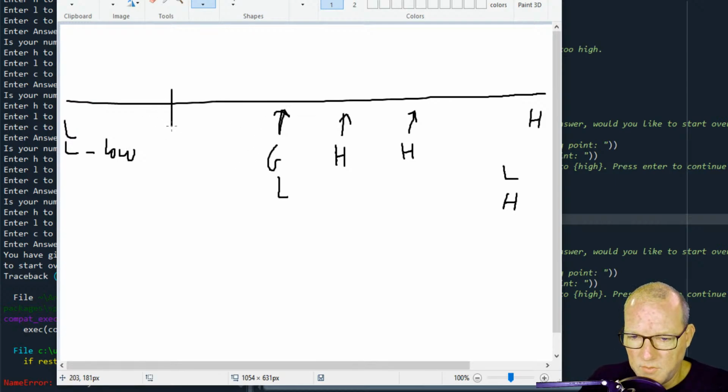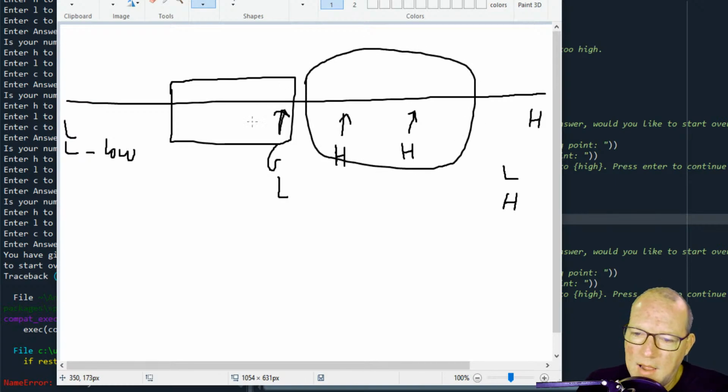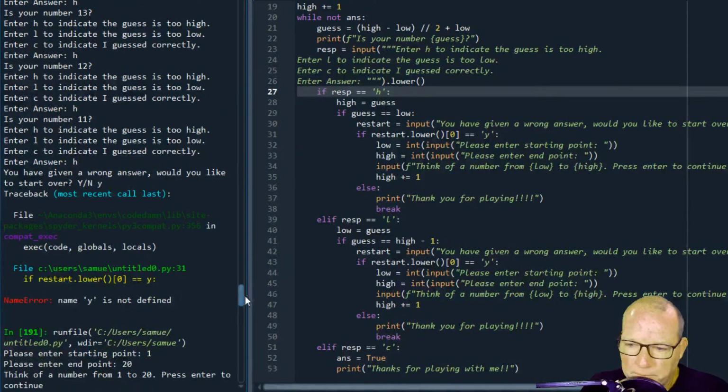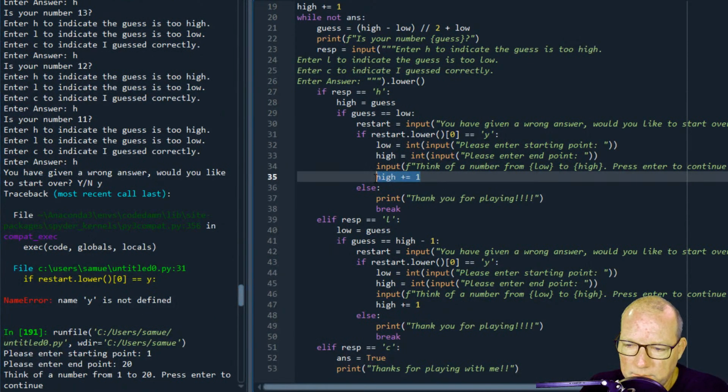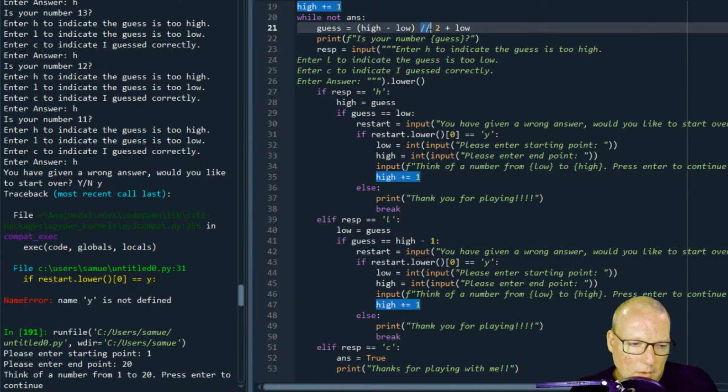Because you've told me it wasn't in this group, and then now you're saying it has to be over here. Well, how? You gave me bad information. So what happens is you just get stuck. But the part about, does everybody understand why we're incrementing 1 here? Because of the decision of how we're handling this. So we just made a decision, and then we stuck to it.